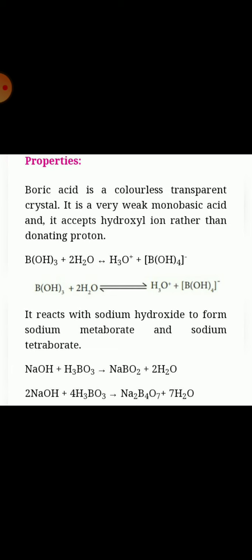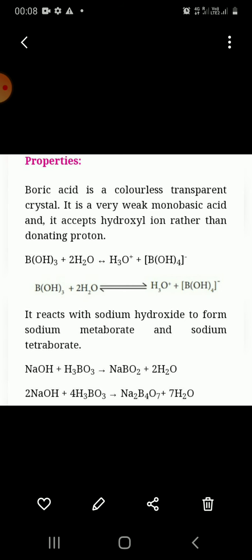Then the chemical reaction: boric acid, B(OH)3, reacts with water to form hydronium ion, because it accepts the hydroxyl ion OH minus, rather than donating proton, OH minus plus H plus, H3O plus, hydronium ion.